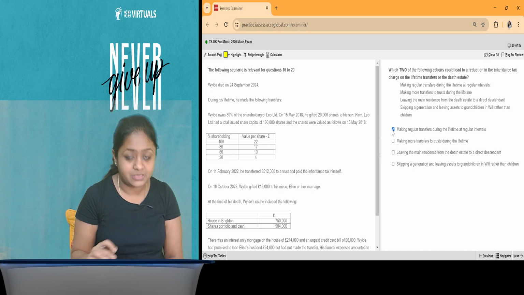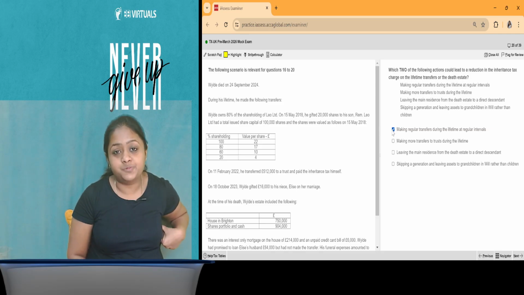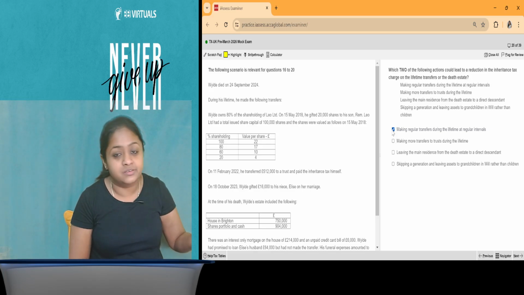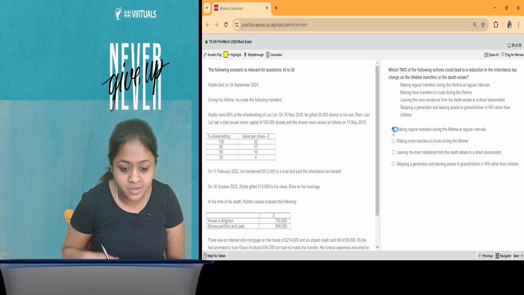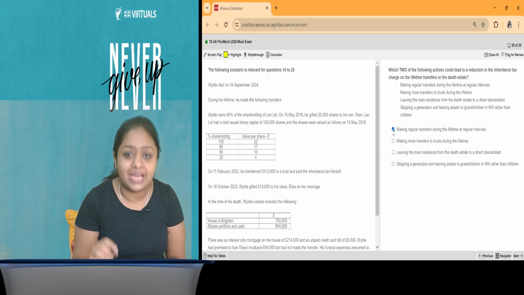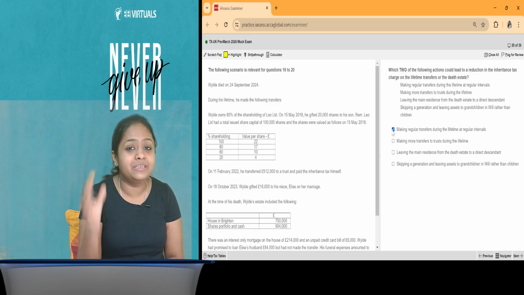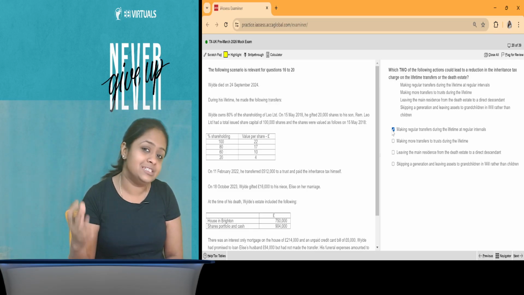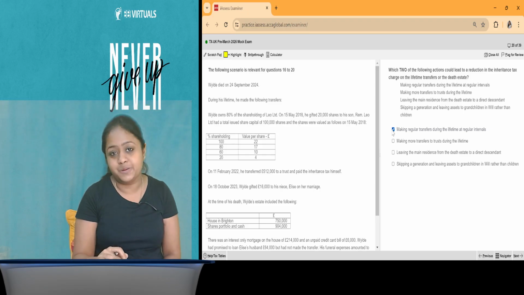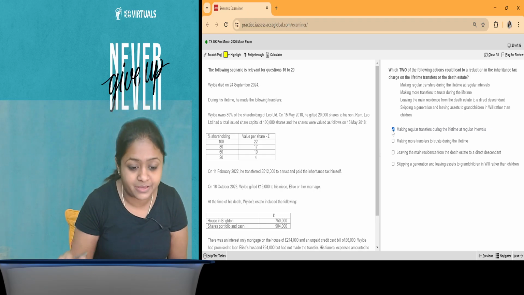Definitely it will reduce, because when you make regular transfers during the lifetime, if the gap is not 7 years, then your death tax will be reduced. And also, less assets will be there in the death estate, so less taxability. And during the lifetime, only CLT transfers are to be taxed. So that can be saving.